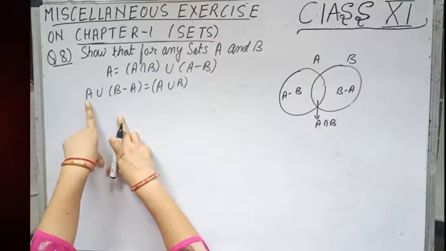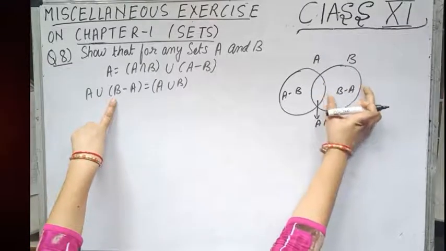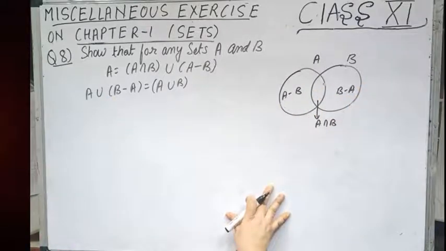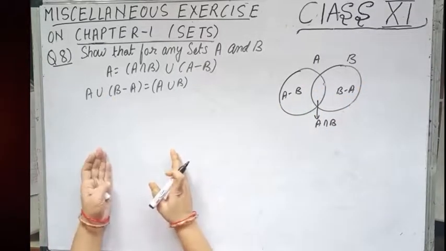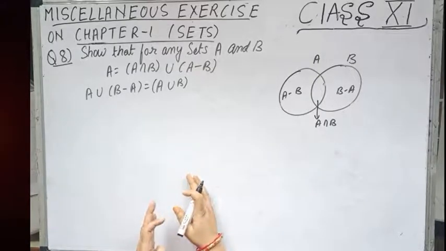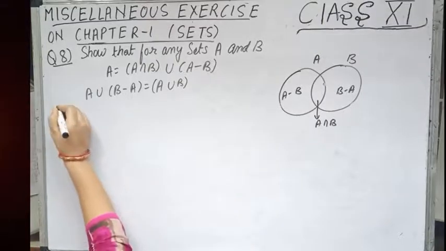Also, A union B minus A is equal to A union B. This also is quite obvious. Now you can prove this sum by giving an example, but here I am giving the general proof. Whichever you wish, you can prove. So let us start the proof.